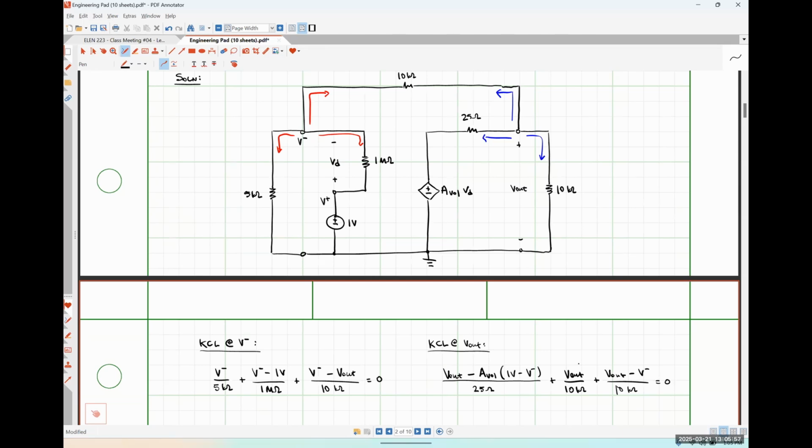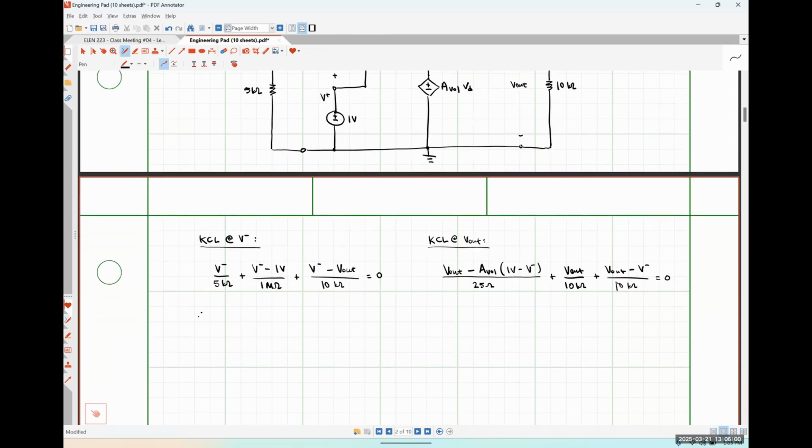Okay, so if I solve this system of equations, what I wind up getting is that the voltage at my inverting input terminal comes out to be 0.9999699 volts. Very obviously, that is approximately 1, which means that there was approximately no current flowing through that large 1 mega ohm resistor, and V minus looks almost identical to V plus, but we're being formal here.